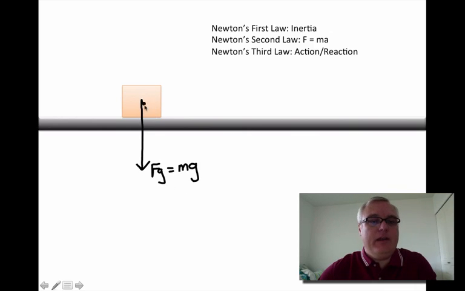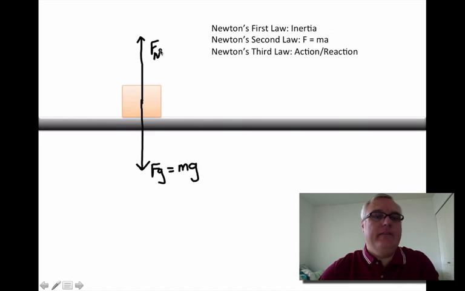So this block right now is exerting a force downwards into this surface. So because it's exerting a force or applying an action to this surface, the surface must be exerting an equal but opposite force upwards. That force upwards we call the normal force, Fn.